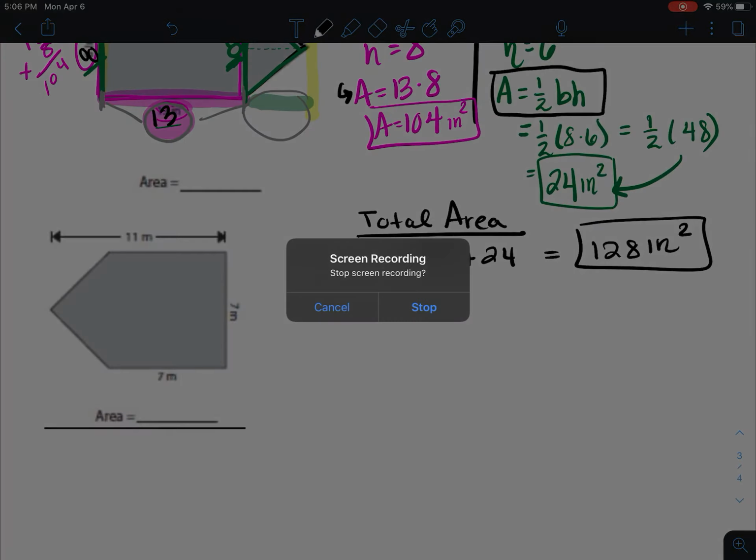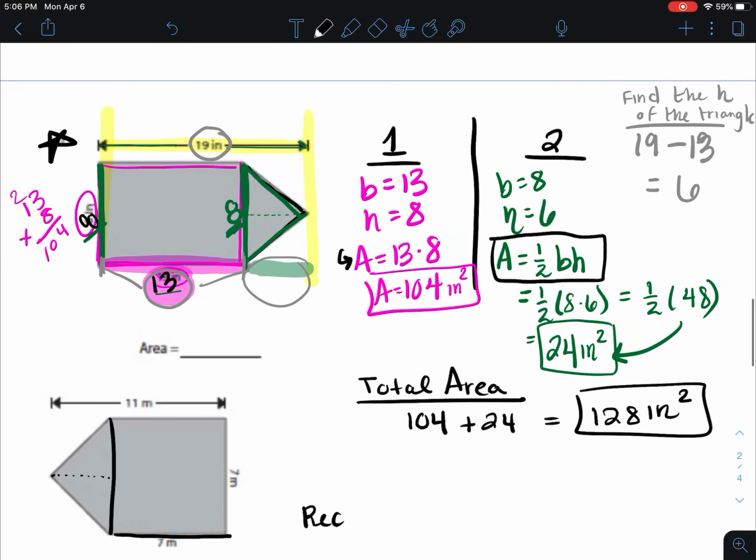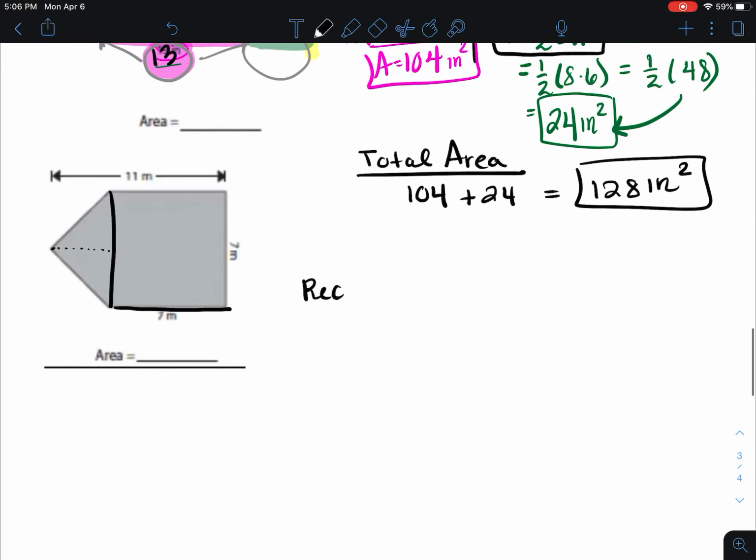Okay, so again, I'm going to slice it down this way. I'm going to go ahead and figure everything out first. If you think it's confusing to say 1 and 2, you can just say rectangle, and then the other thing you're solving for is triangle.